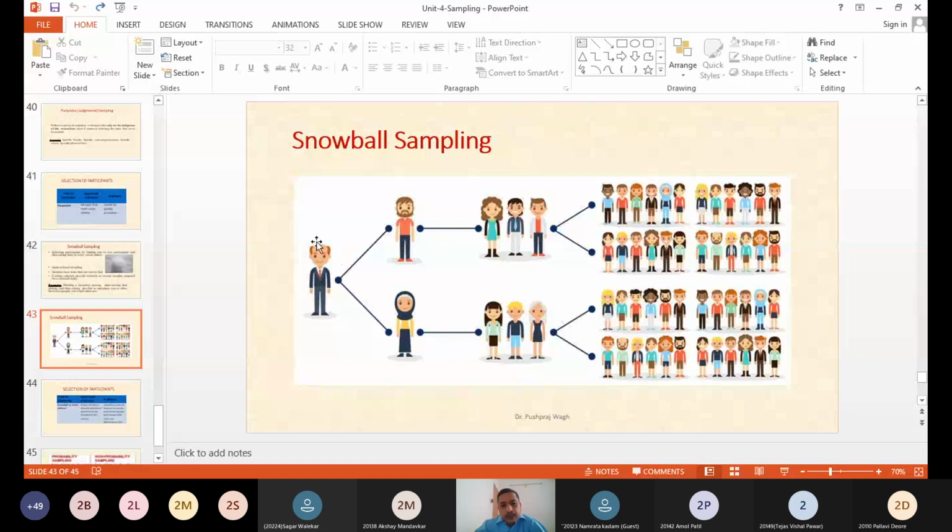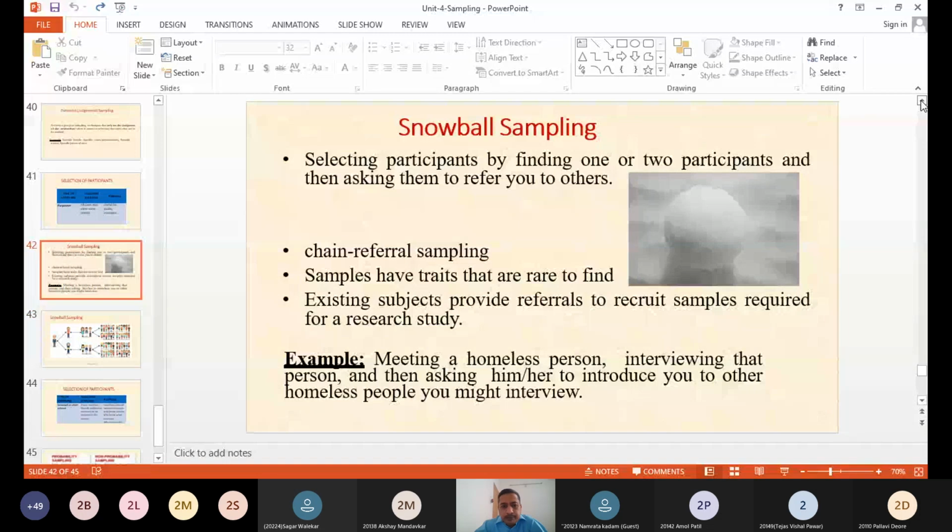After taking information from the first person, he will contact these two people, and then he will get more contacts, which can also be included in the study. After contacting this one person he has got these three people, and after contacting this person he has got contacts of three more people. After contacting these three individuals, he has got a few more references, which he can also include in his study. That is called snowball sampling.